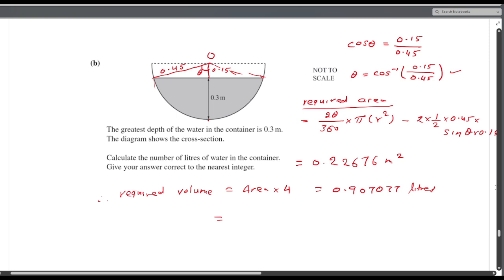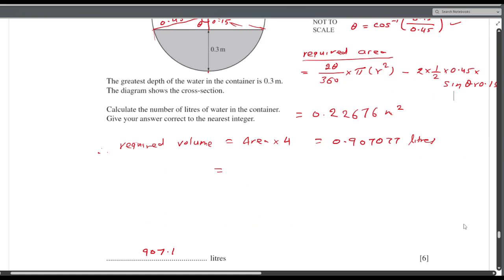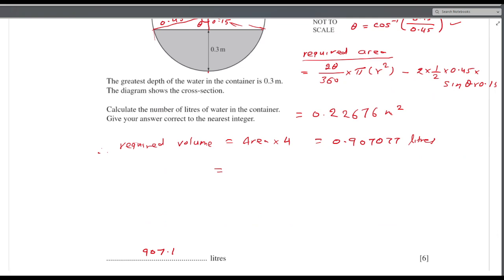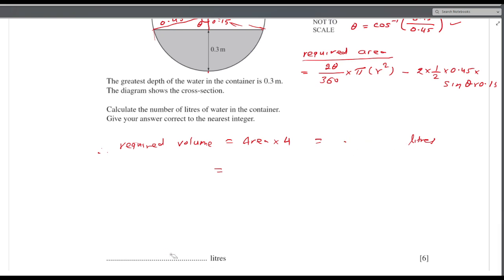So let me check. Here I have to redo the calculation. These two things will change. In place of cos I should have sin.